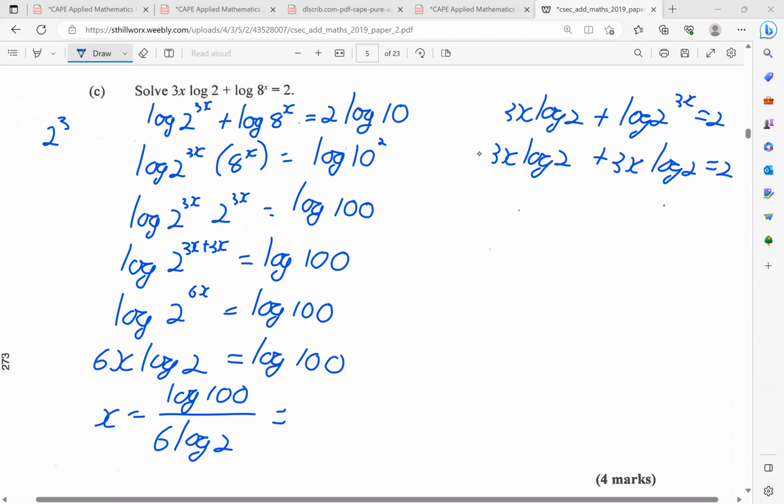So I could get 6x log 2 is 2. So x is 2 over 6 log 2. You could do that as well. There are many ways you could have solved it, but this is one of them.